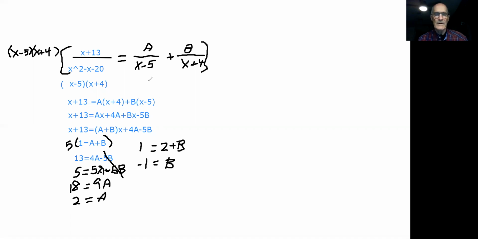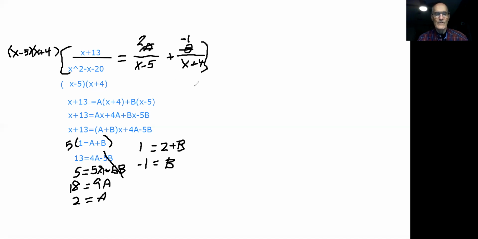Okay, so I can come up here to where I have my A, cross it off, and put a 2 here, and a minus 1 here for B. So what I have done, as I talked about in the beginning, is taken a single fraction and broken it back down into 2 other fractions whose combination equals the original fraction.